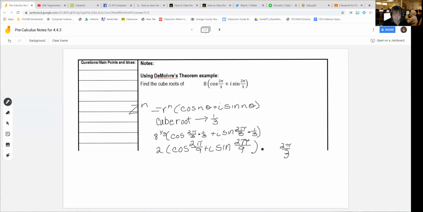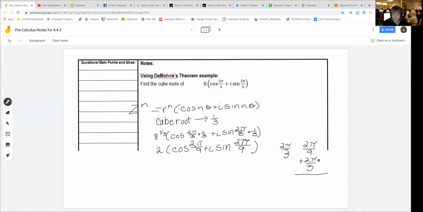So if we have three cube roots, that means that they are 2 pi over 3 apart. So what you have to do is take 2 pi over 9 and add 2 pi over 3 to get your next angle.